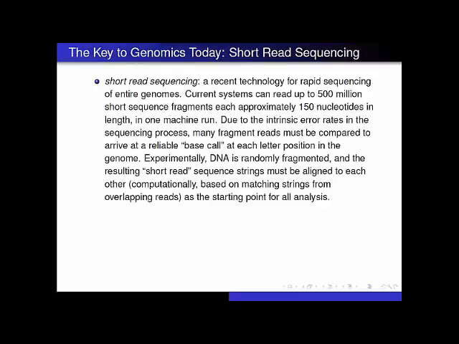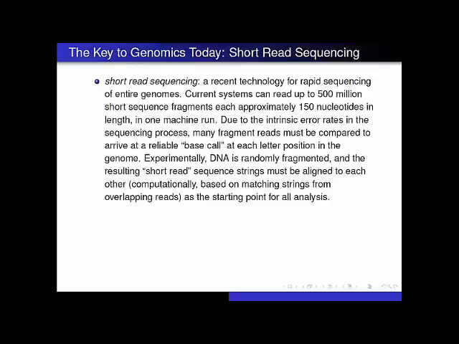So typically, when we're trying to put Humpty Dumpty back together again, we are, in biologist terms, aligning many individual short reads so that the overlapping short reads are lined up to each other such that they're reading the same piece of the sequence.